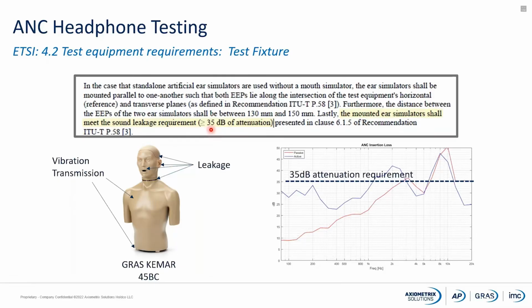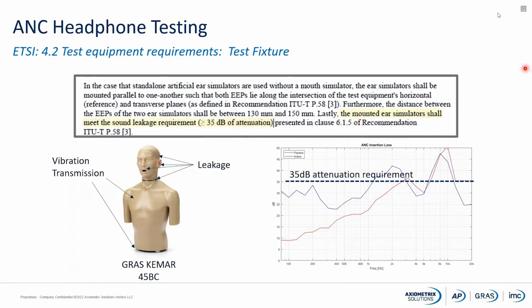The attenuation of the test fixture will be reduced by leakage that can be happening through the joints in the scalp, the joints in the pinna, the mouth simulator opening, the neck joint, or vibration transmission through the torso as well.